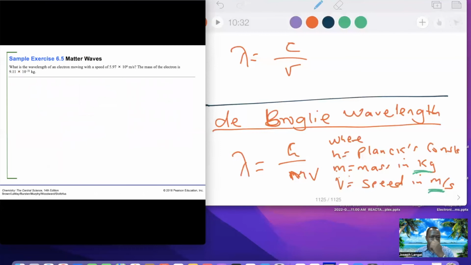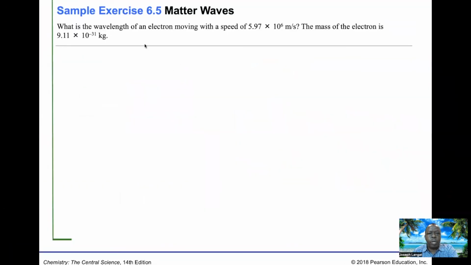For example, let's see the worked example on exercise 6.5 on the de Broglie equation. What is the wavelength of an electromagnetic, no, of an electron moving with a speed of? Maybe I should blow this up so that we can look at that. We know the speed is the velocity in meters per second.